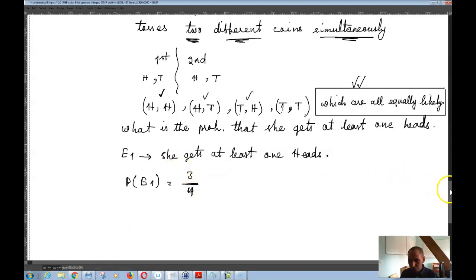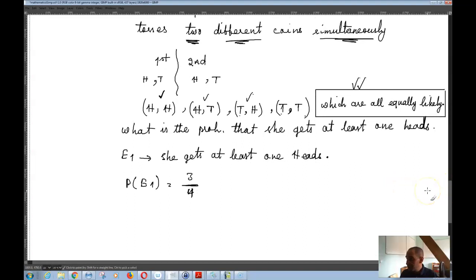And there is a note here which says that you can also find P of E as follows. Let's call this event E. Then P of E could also be written as 1 minus P of E bar, which is the complement of E. Now when you say at least one head, the complement of E would be getting no head, right?